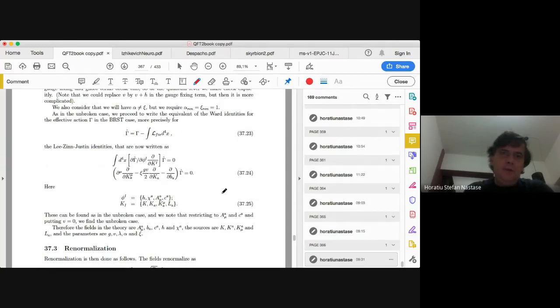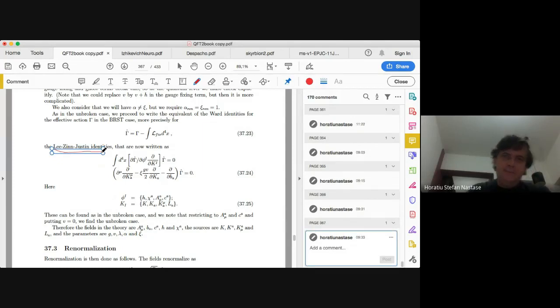So, like in the unbroken case, to write the Ward-like identities for the effective action, more precisely what we've called the Lagrangian identities, we write first the effective gamma hat as the effective action minus the gauge fixing term. And then, if you remember, we got 2 Lagrangian equations.